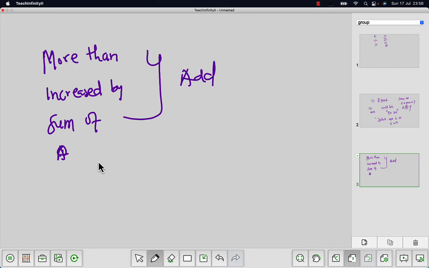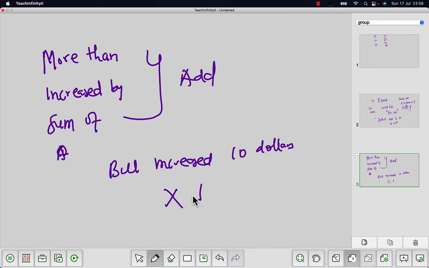Let's say John's bill increased by $10. It means that if John's bill was X, which we don't know, it actually increased by 10. So whenever you see this, it's indicating a plus. You understand?